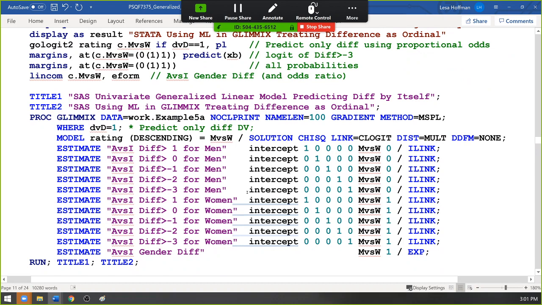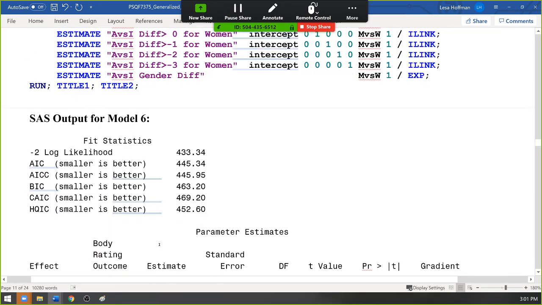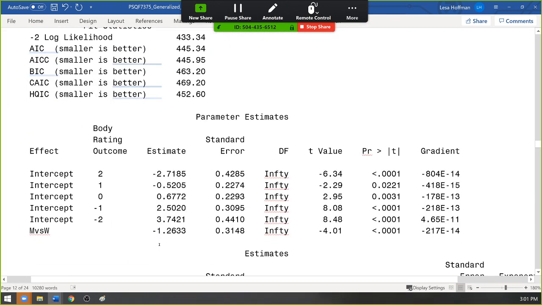And here is what it would look like to try and get each of the thresholds for each possible gender, as well as the gender difference. I switched to denominator degrees of freedom none so that SAS and Stata would match. And I end up with this thing right here.